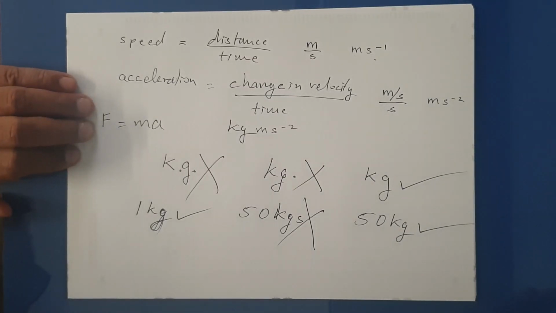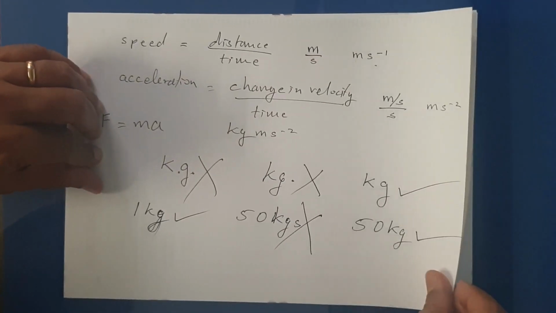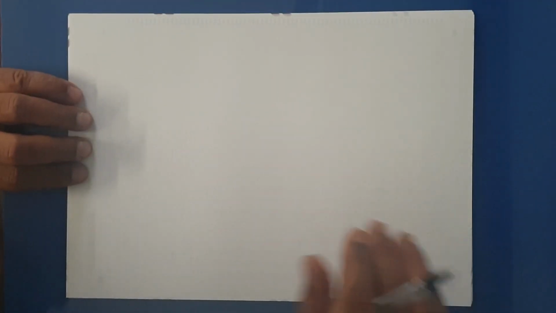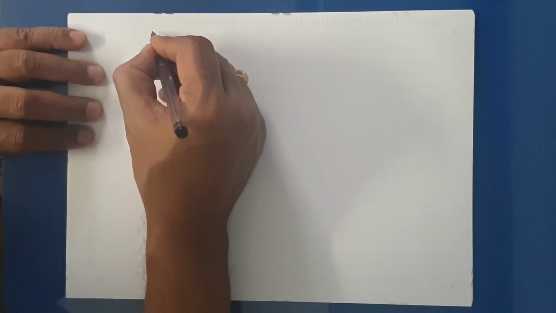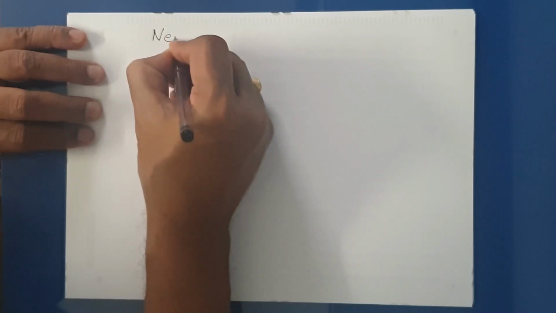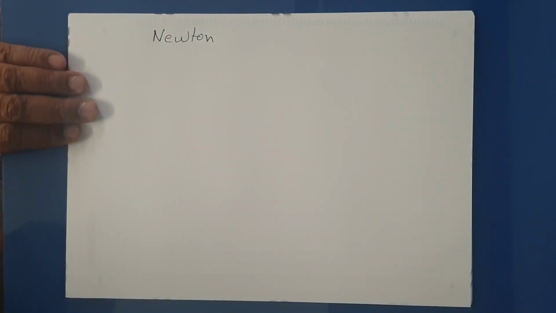Next rule to be followed is that some units are named after scientists. For example, the unit of force is Newton. Newton is the name of a scientist.